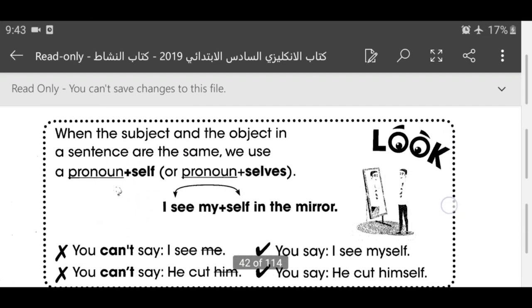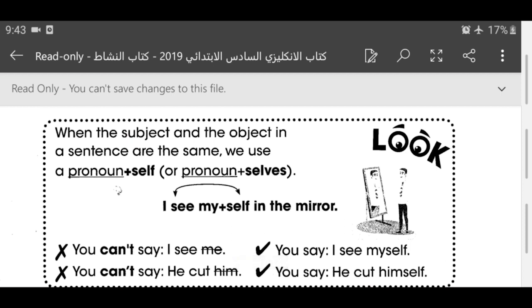Let's go to the second page. Here we have an important note.